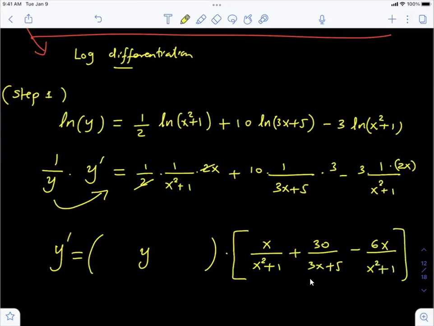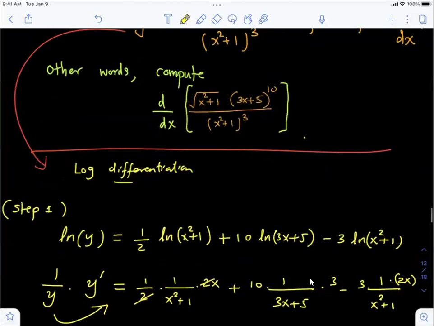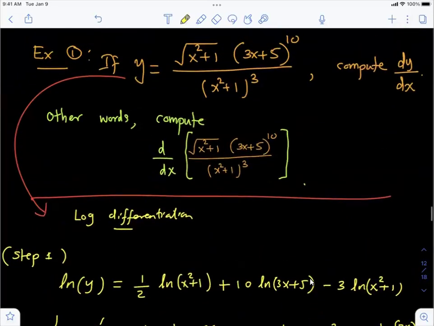In fact, you can see like these two terms are getting associated with each other. You can have that simplification to make it look better. But look at this. This is the real computation where the derivative occurs, and then the rest is pretty much algebra. Now this y is none other than what you have right here.